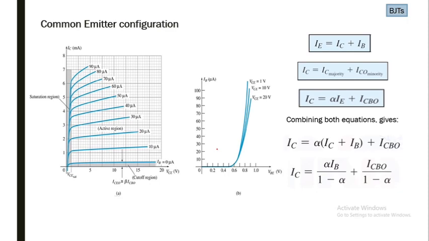And we need two sets of characteristics. One is for input characteristics and the other one is output characteristics. For input characteristics, we plot characteristic curve against input quantities, that is VBE at x-axis and IB at y-axis.